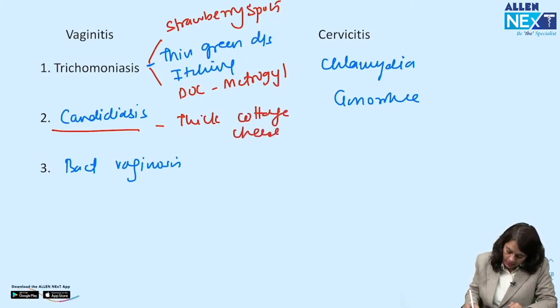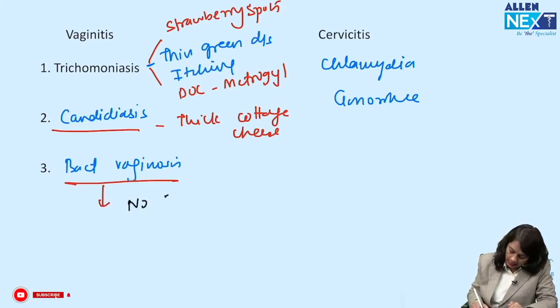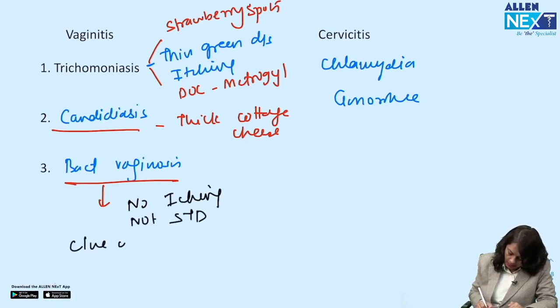Candidiasis has thick cottage cheesy discharge. Bacterial vaginosis, the causative agent is Gardnerella, and there is no itching. It is not an STD, but clue cells are seen. There is fishy odor vaginal discharge.